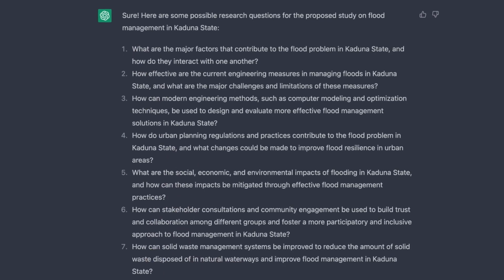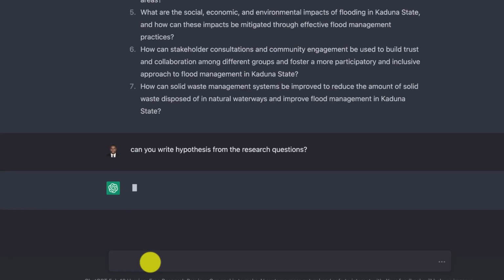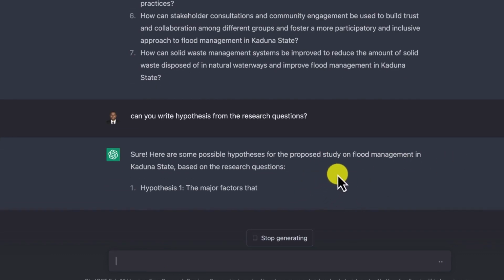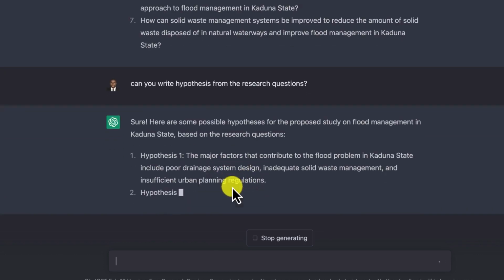So the next thing is we can ask it to write some hypotheses for you. So can you write hypotheses from the research questions? So you can say, can you write some hypotheses for us? Sure. Here are some possible hypotheses for the proposed flood management in Kaduna State. Hypothesis 1, you can see it's very detailed.